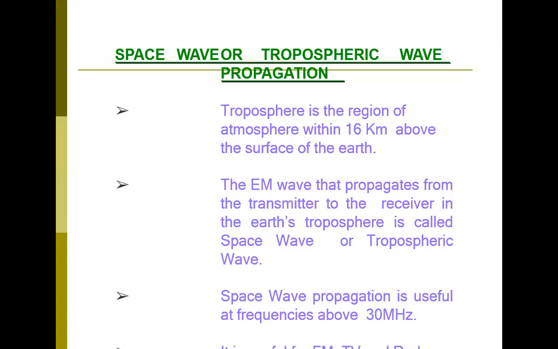Its right answer is all of the above. So I told you that curvature of the earth, magnetic field of the earth, roughness of the earth, all play an important role in the traveling of the EM waves. They affect the EM waves due to which signal may get faded.